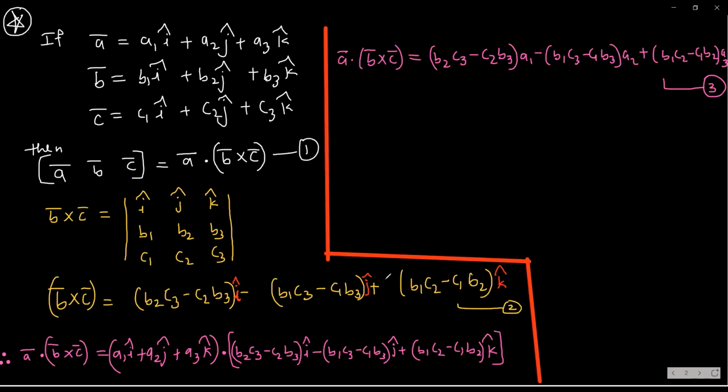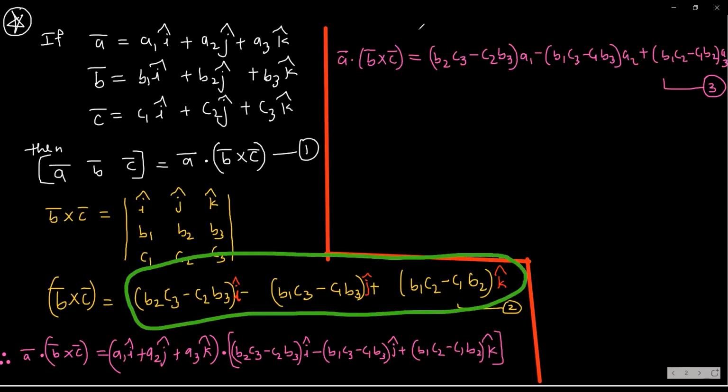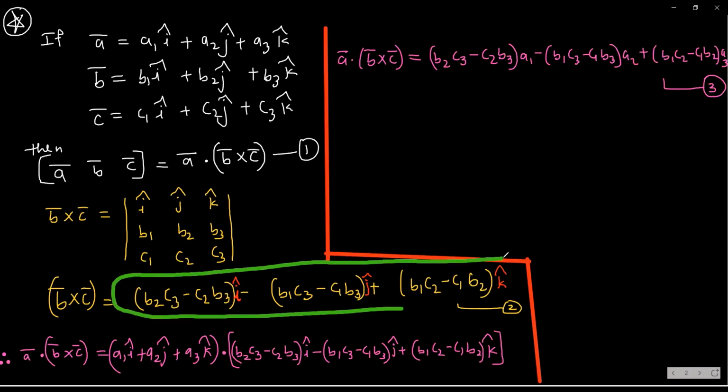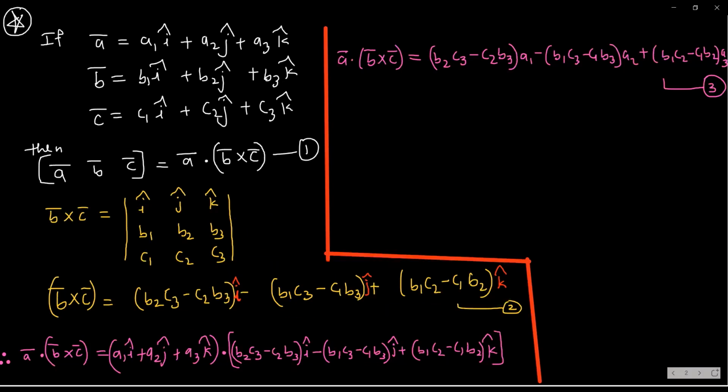So students, if this thing on the right hand side of equation 2 is equal to this determinant, I'm sure you will understand that the right hand side is equal to a determinant a1, a2, a3, b1, b2, b3, c1, c2, c3.